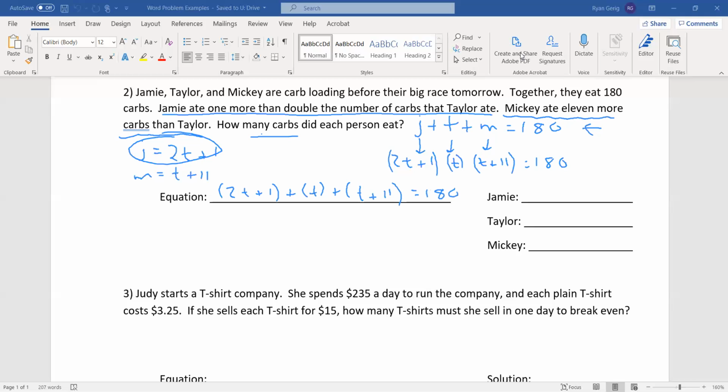Just so we're aware, 2t plus 1, this piece right here, that's Jamie. T by itself is just Taylor, and t plus 11 is Mickey. They just look a little different.